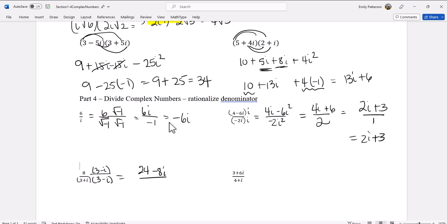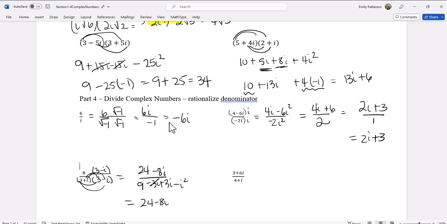On the denominator, remember, this ends up being like the difference of two squares, so I will multiply it out the long way one time. So I've got 9 minus 3i, we already multiplied this, then plus 3i, then minus i squared. The top doesn't change, we have just 24 minus 8i.